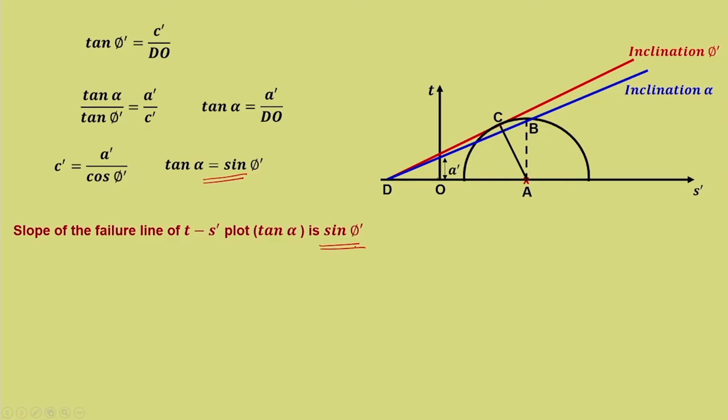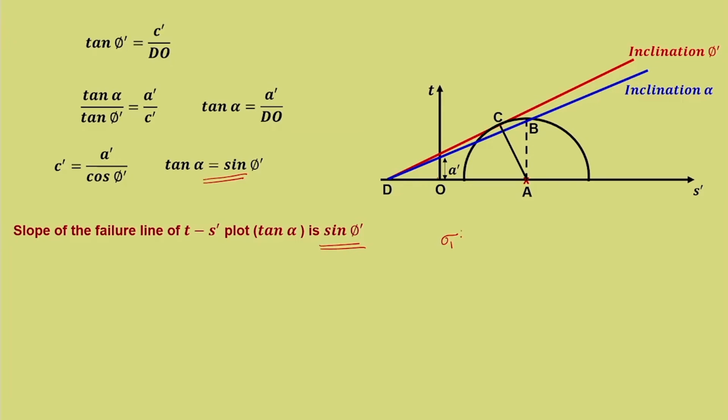So, what have we done? We have defined the Kf, or slope of the failure line Kf, of the T S dash plot. Remember, when you do triaxial testing, for those who have not gone through this during their undergraduate, I am just adding this detail here. When you do the triaxial testing, you get the deviator stress at failure, that is sigma 1 dash minus sigma 3 dash at failure, and you know the confining stress sigma 3 dash.